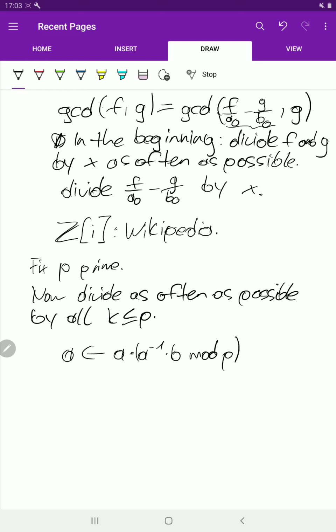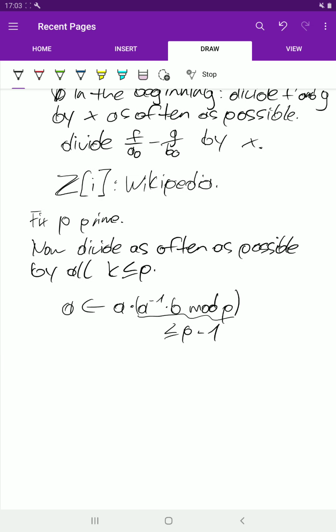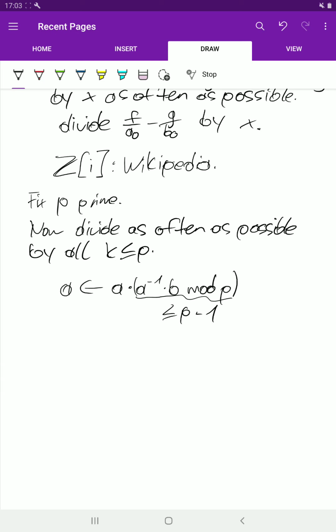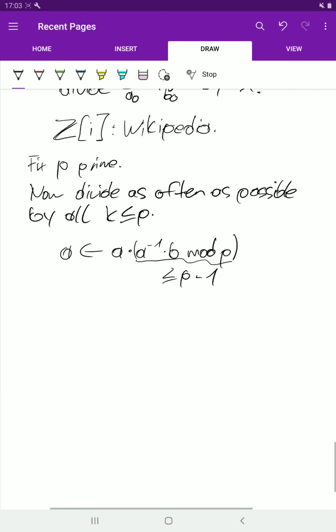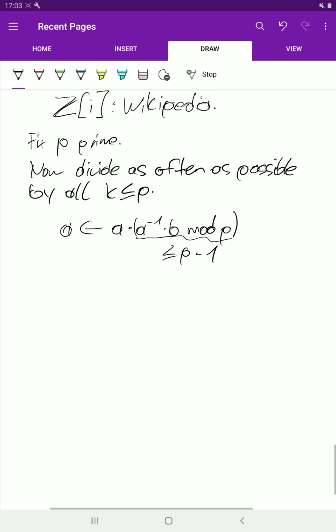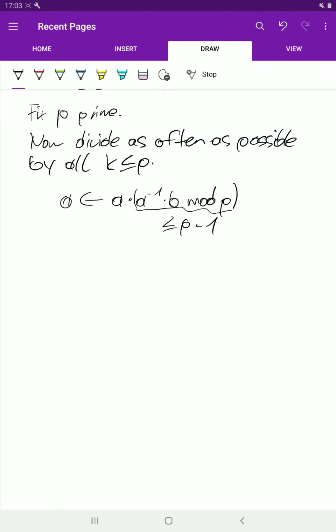So this is a number which is at most p minus 1. And now, if we look at a minus b, then this is certainly congruent to 0 modulo p.